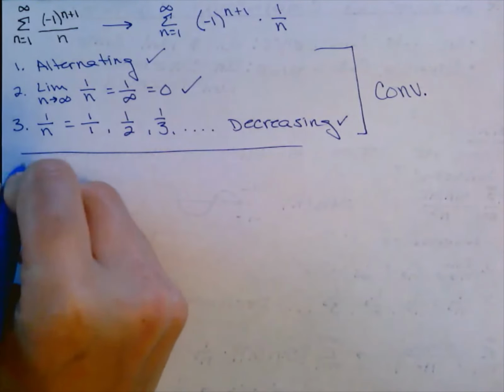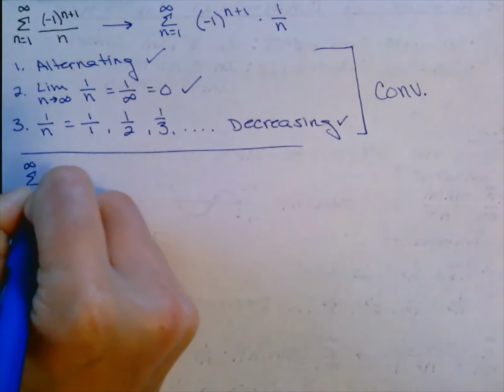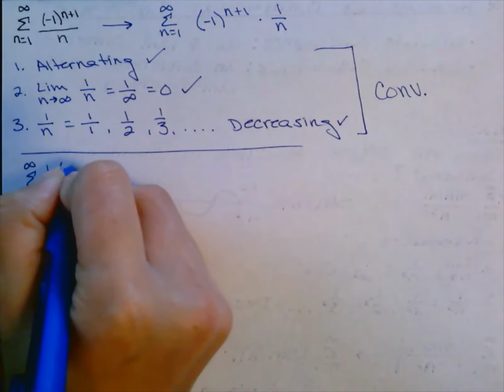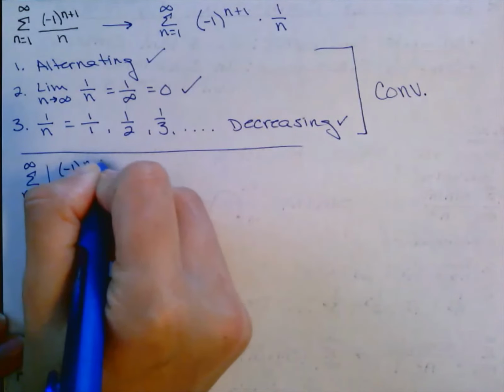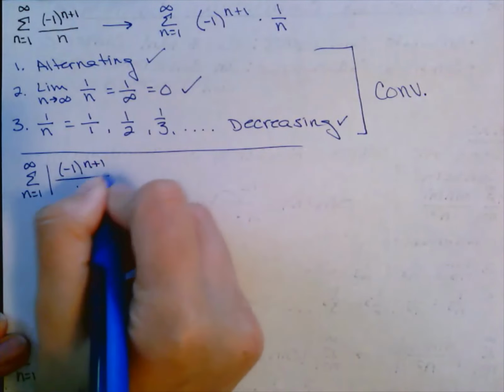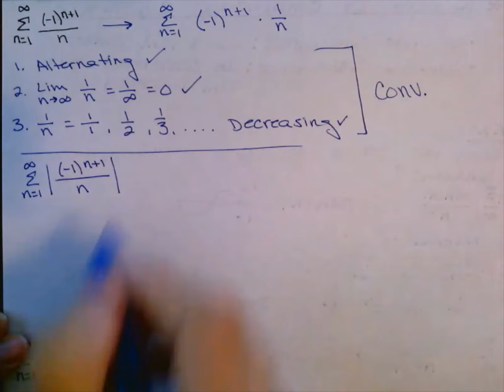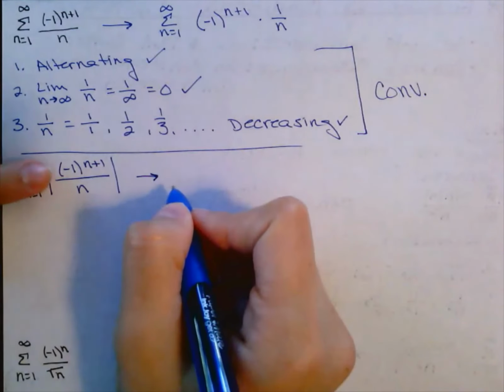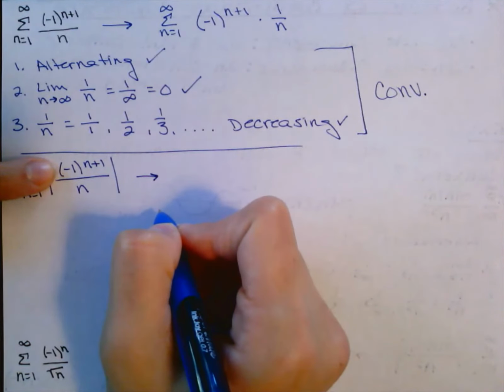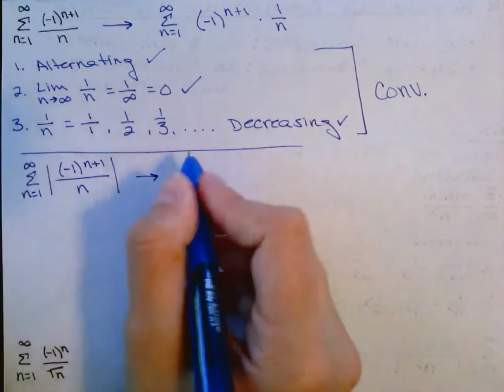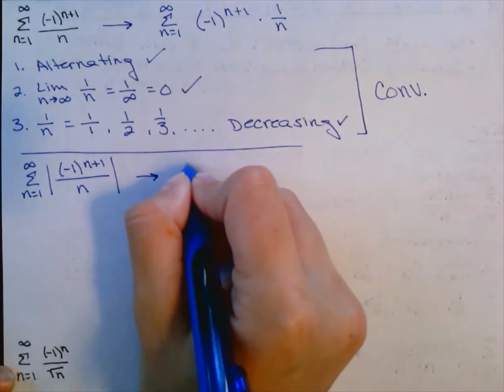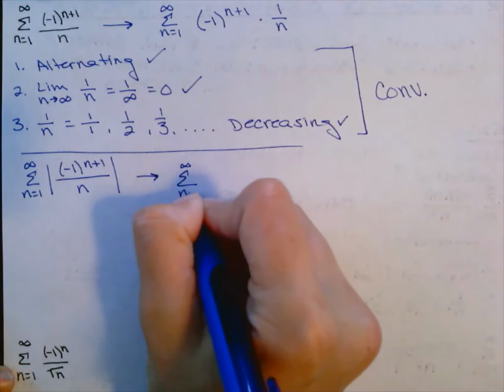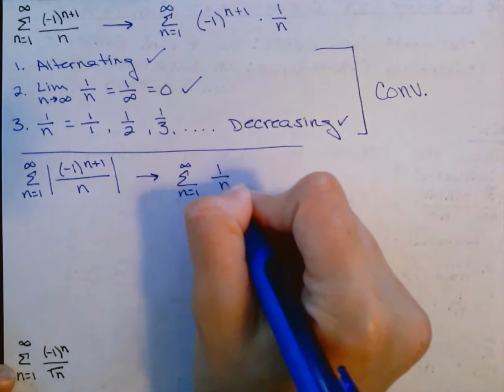I want to test the absolute value. So the absolute value is really just going to eliminate this numerator because all this numerator does is alternate my sign. So that means what I'm really working with is 1 over n.